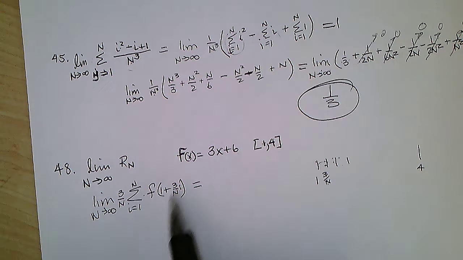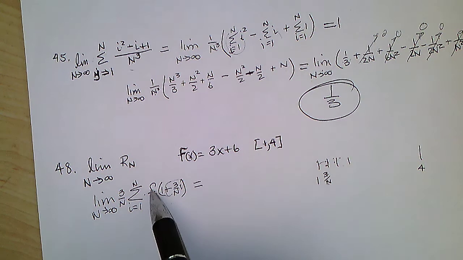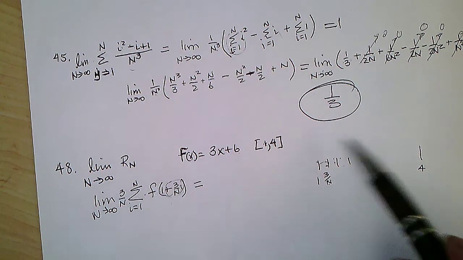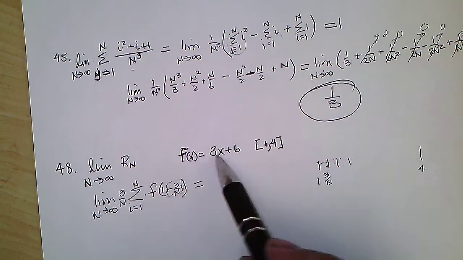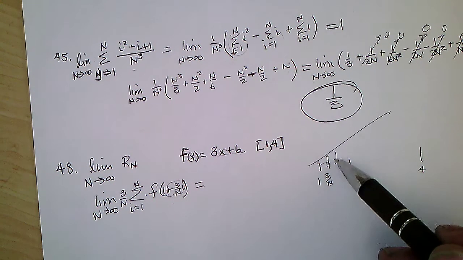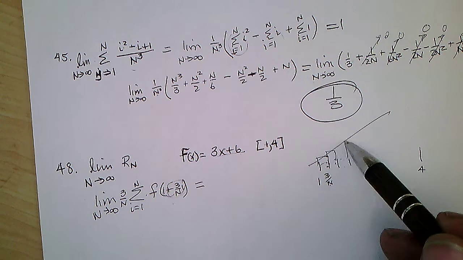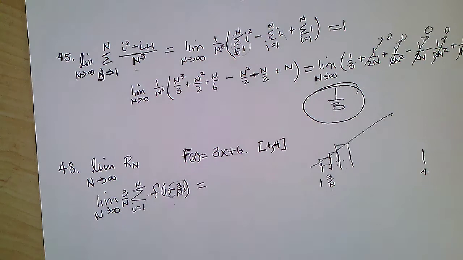So that means I have to plug this in for the x in f, because I have to find the height of these at each of these places. And this is a graph that's increasing, so I have to find the height here and the height here and make these rectangles that are the right side, height here, etc.